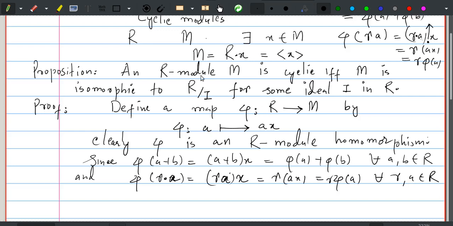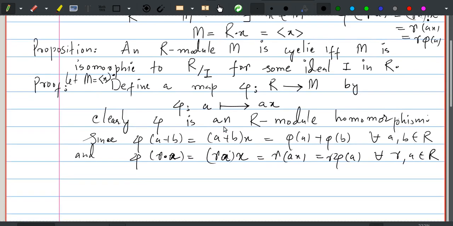So we have assumed here that M is cyclic, i.e. M is generated by X. Then we define a map phi from R to M. Now since M is a cyclic module, this phi is definitely a surjective homomorphism.